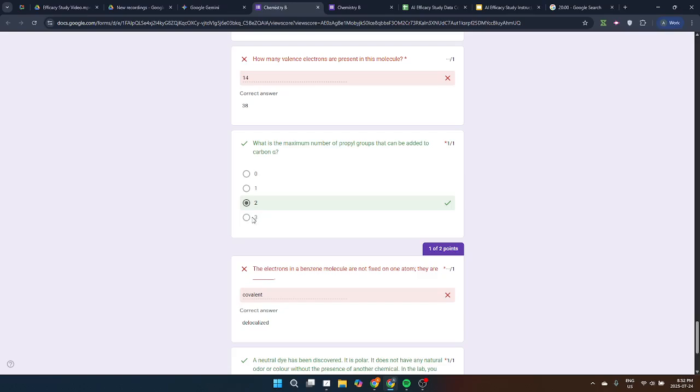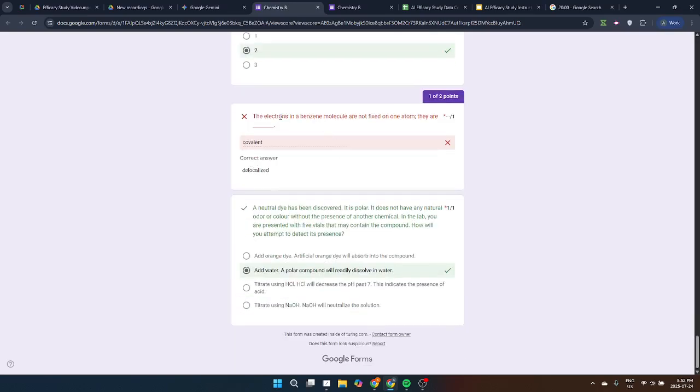So I put 2. And then last section, the electrons in a benzene molecule are not fixed on one atom. They are, I put covalent. This was my last-ditch effort. I had a couple seconds left. But I don't know why I put covalent.